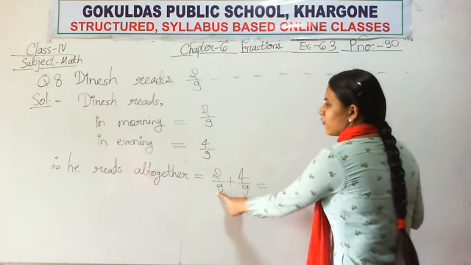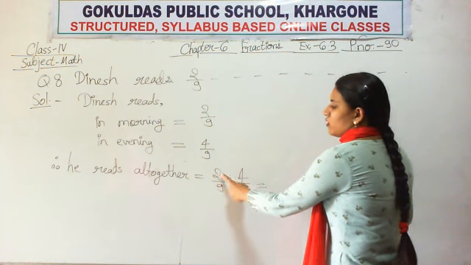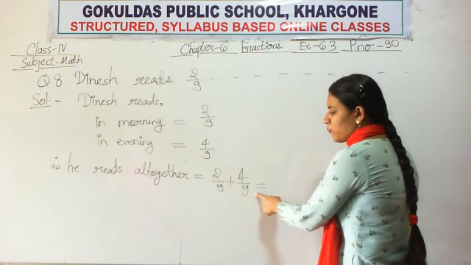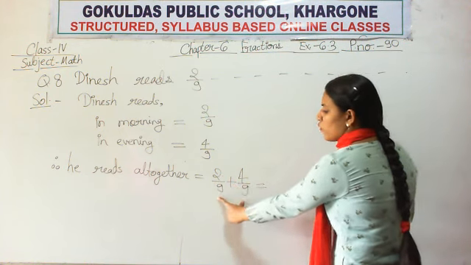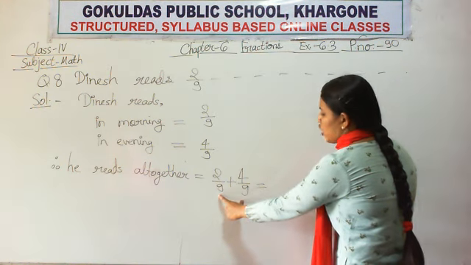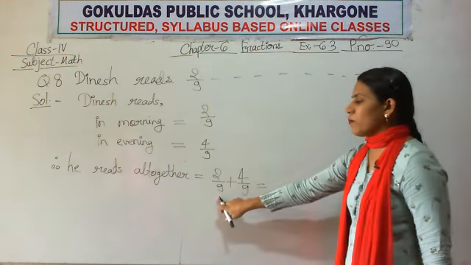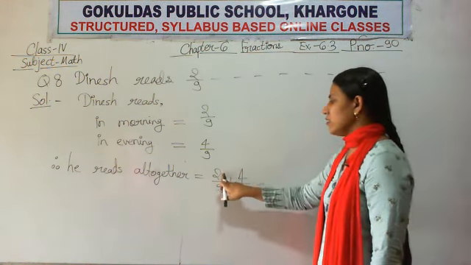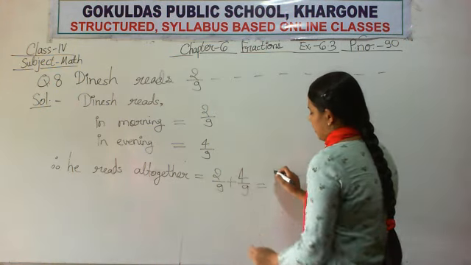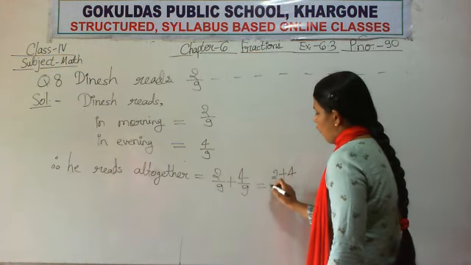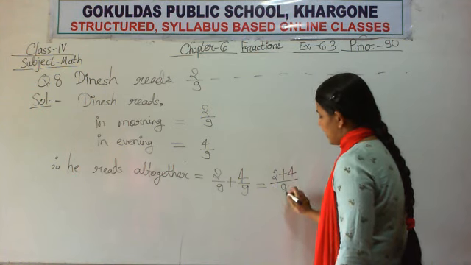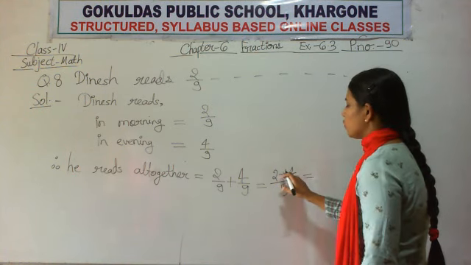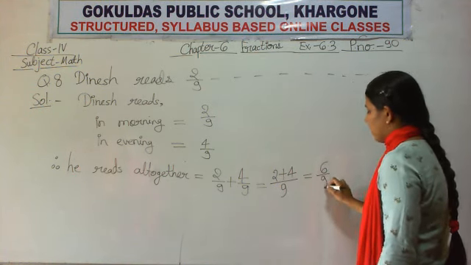One is 2 upon 9, other is 4 upon 9. For addition, check the denominator. Denominators are the same. If denominators are the same, then we add numerators only. That is 2 plus 4 over the same denominator, that is 9 here. 2 plus 4 is 6 upon 9.